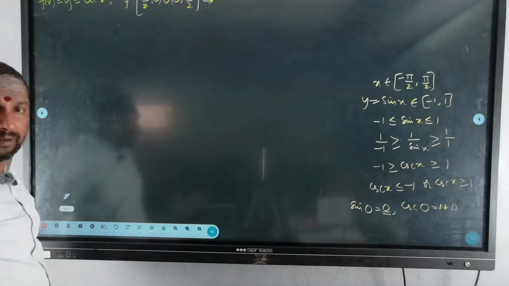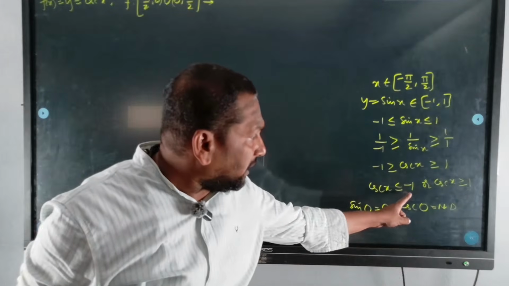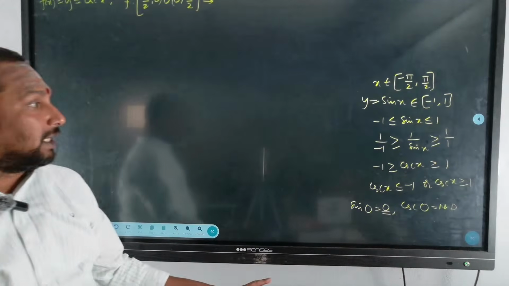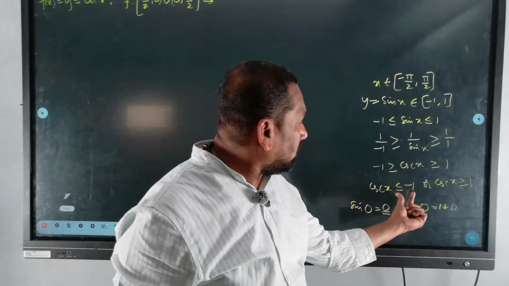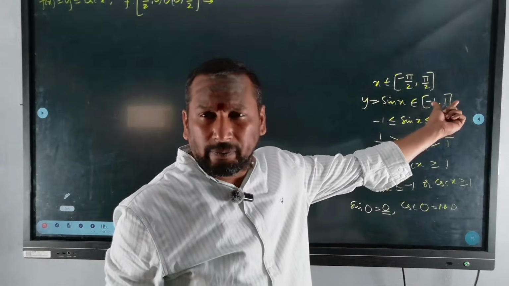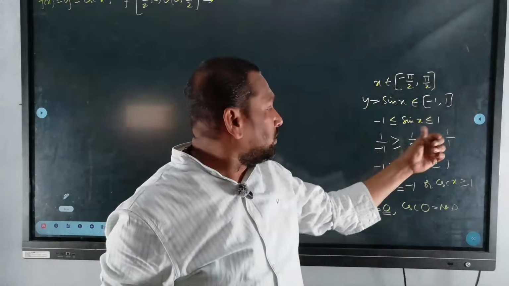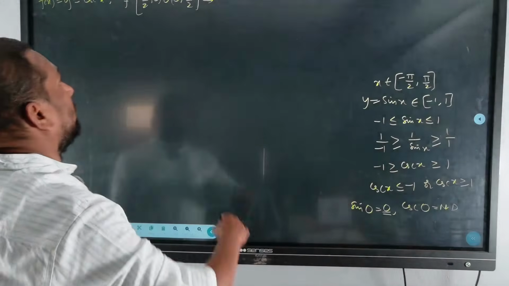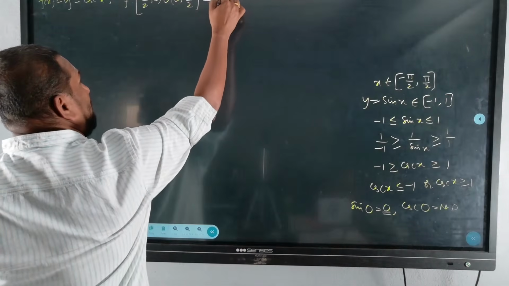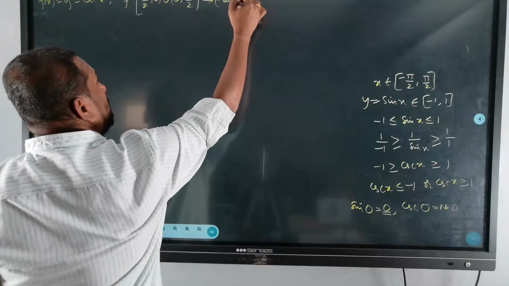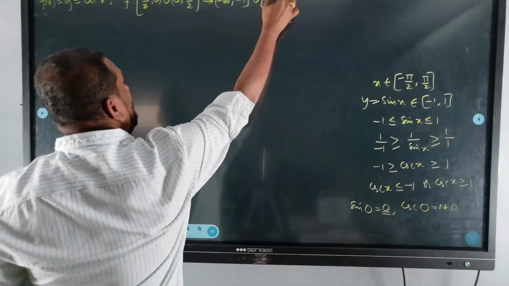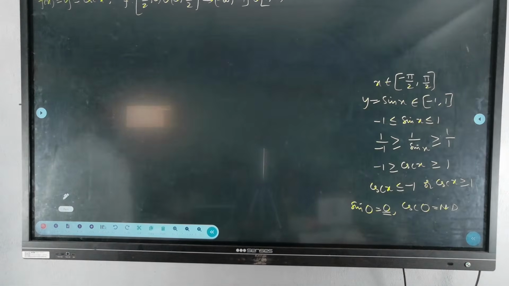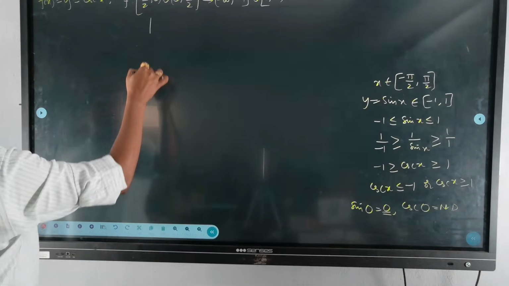What about the range? From minus infinity to minus 1 and from 1 to infinity. It does not lie between minus 1 and 1. Sine lies between them, so cosecant does not lie between minus 1 and 1. So what is the graph now?